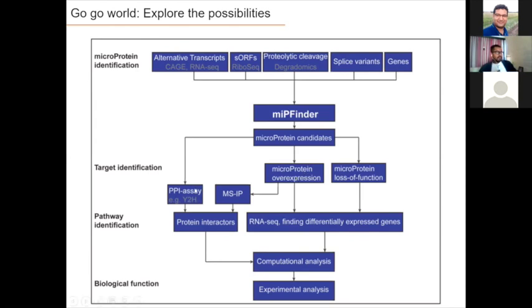Overexpress that and validate these things by protein-protein interaction assay, loss of function development by CRISPR or knockout or RNAi, whatever you prefer. And then experimental analysis to validate whether the things you designed are really working. And the information is not limited to this.